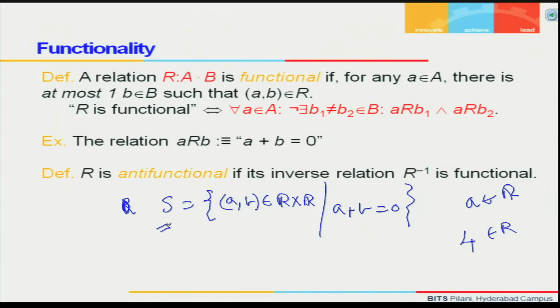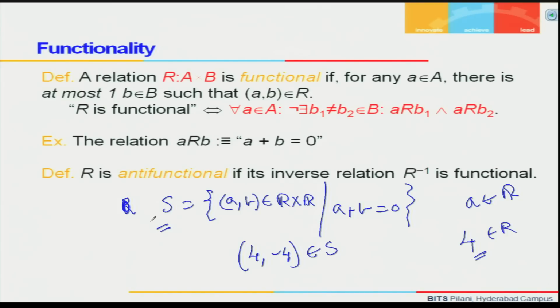Just think, 4 can be paired possibly only with -4, and it cannot pair up with any other thing for it to be in the relation S. You understand this? 4 comma -4 can only be there in S. 4 cannot be paired up with any other real number, because that real number plus 4 cannot be 0, only 4 plus -4 is going to be 0. Hence, for a real number, there is only one guy that it can pair up with to be in the relation.